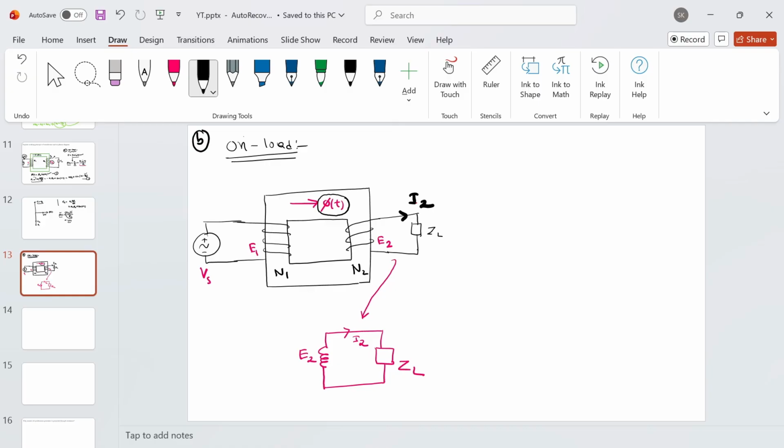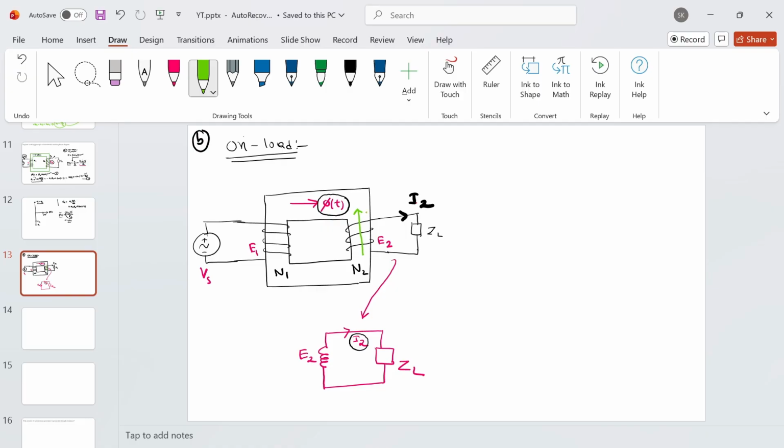So according to Lenz law, the effect should always oppose its cause of creation. So this I2t current will flow in the secondary circuit in such a way that it can oppose the flow of phi t. That means my secondary circuit should produce a flux in the upward direction.